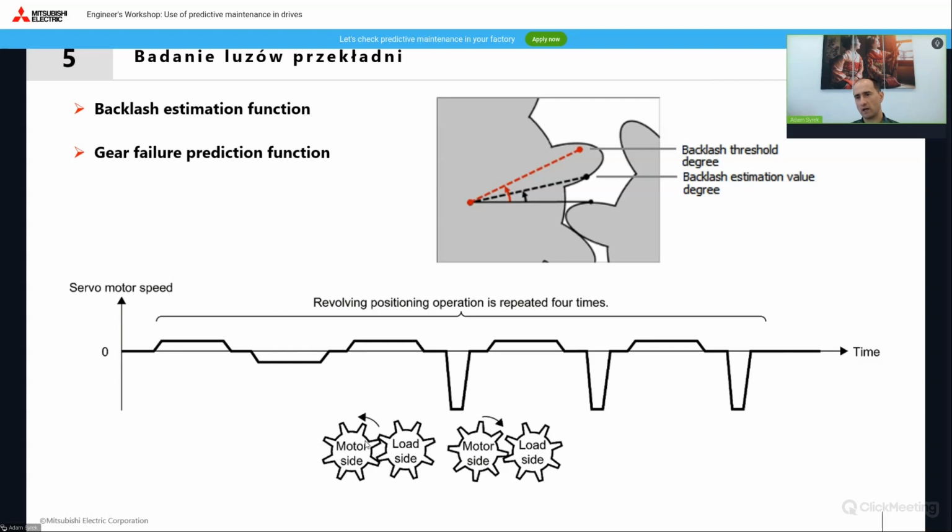Additionally, in the parameters, we can set the level of backlash that is allowed for this gear, and if the measured backlash is greater than this limit value, it will show us a warning that the backlash is too high.